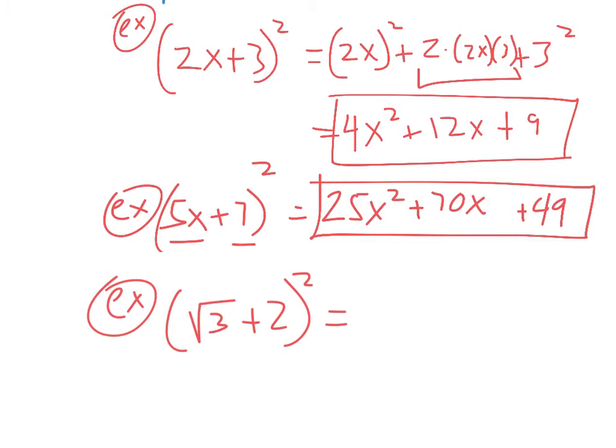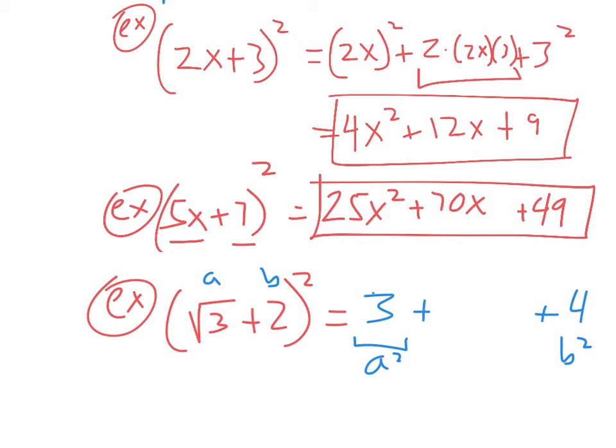Here's our a, here's our b. So the first term is going to be a squared, which is the square root of 3 times the square root of 3. When you square the square root, you get 3. The last thing is going to be b squared. Okay, so we take 2, we square it, we get 4.